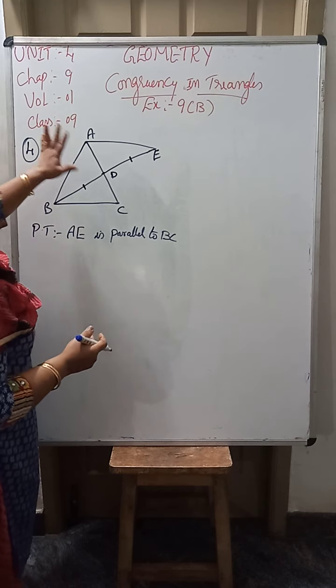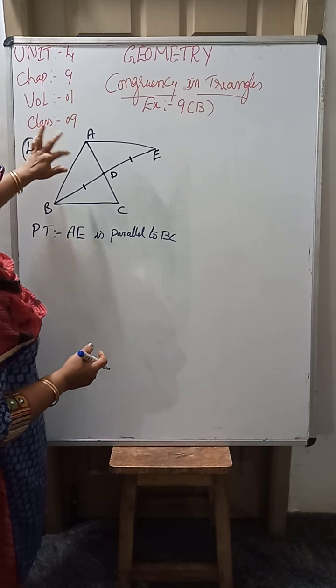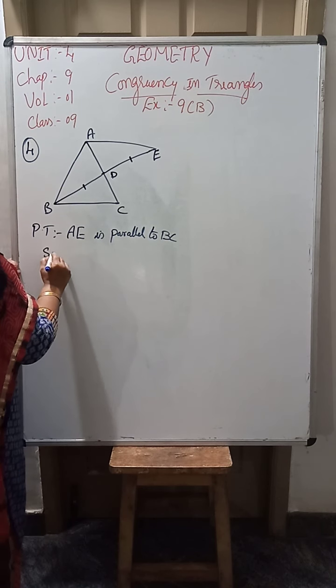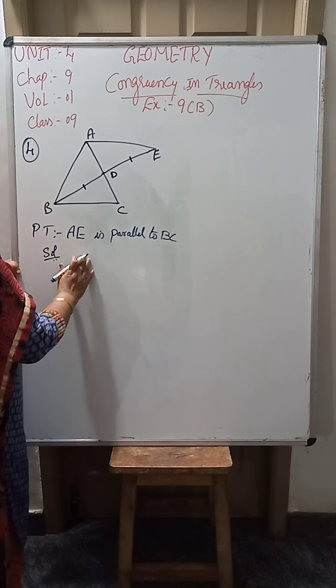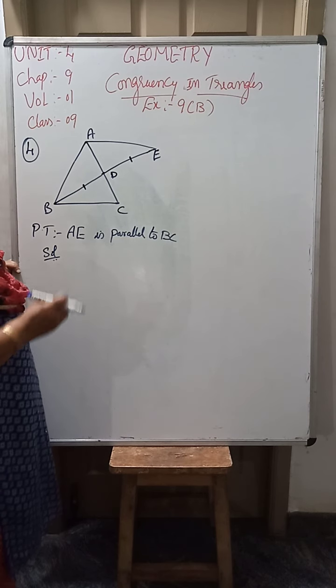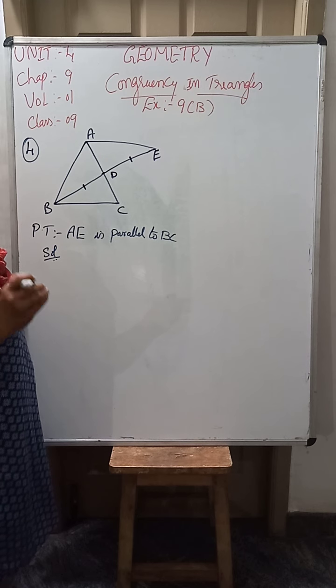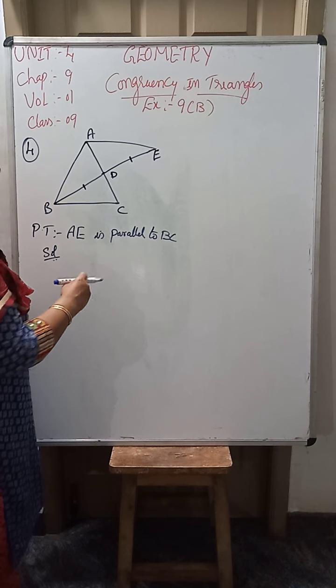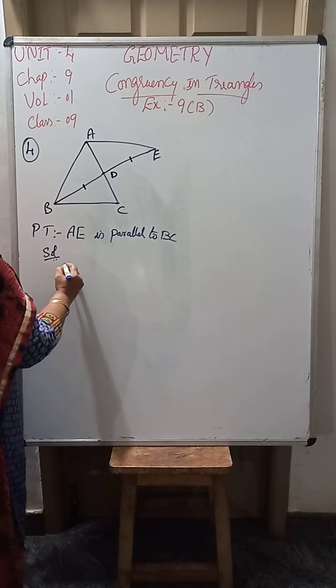Now, solution, and all you know well, that is given. Only for this question I am going to write the solution. For further, you must be able to identify the solution from the question and you must be ready to write in your notebook. Solution.